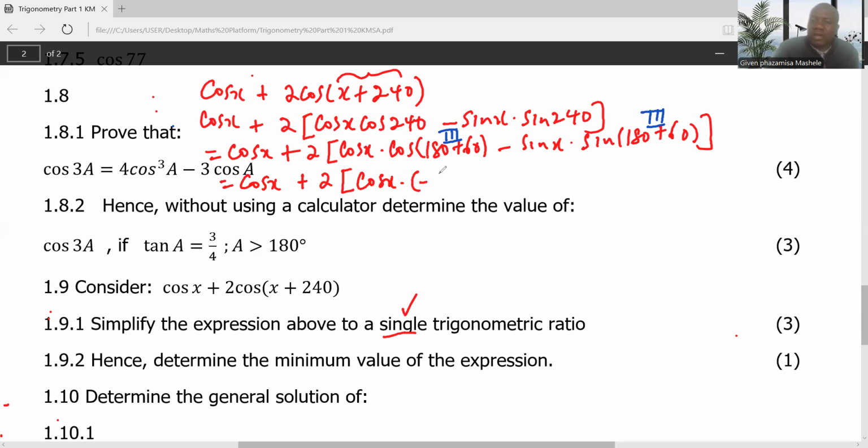So this will become negative cos 60, minus sin x times sin(180 + 60), which is also in the third quadrant where sin is negative, so this will be negative sin 60.